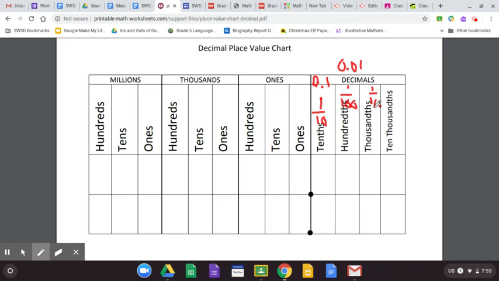That was another difference we talked about. So 1/1000th, if it's a decimal, it would be 0.001. So that's the place value chart. You're welcome to print these out or just use it for your reference.